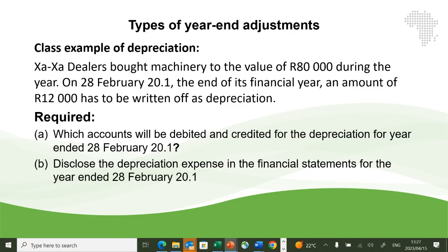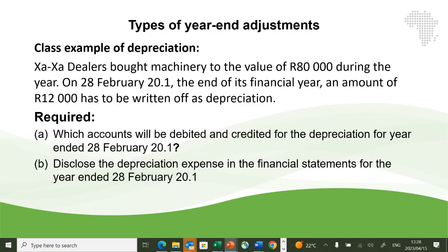Let's go to an example then. Here, Bakla Dealers bought machinery to a value of 80,000 during the year. On 28 February 20.1, which is the end of the financial year, an amount of 12,000 has to be written off as depreciation.